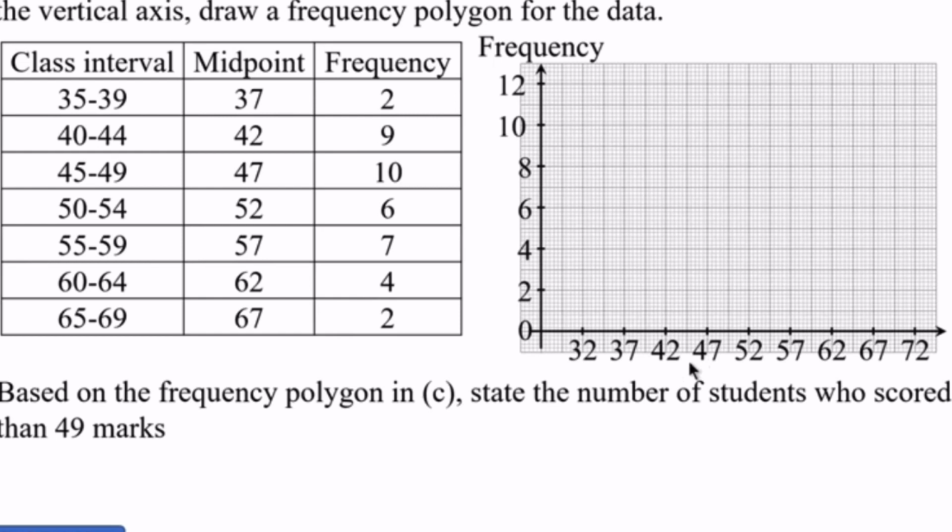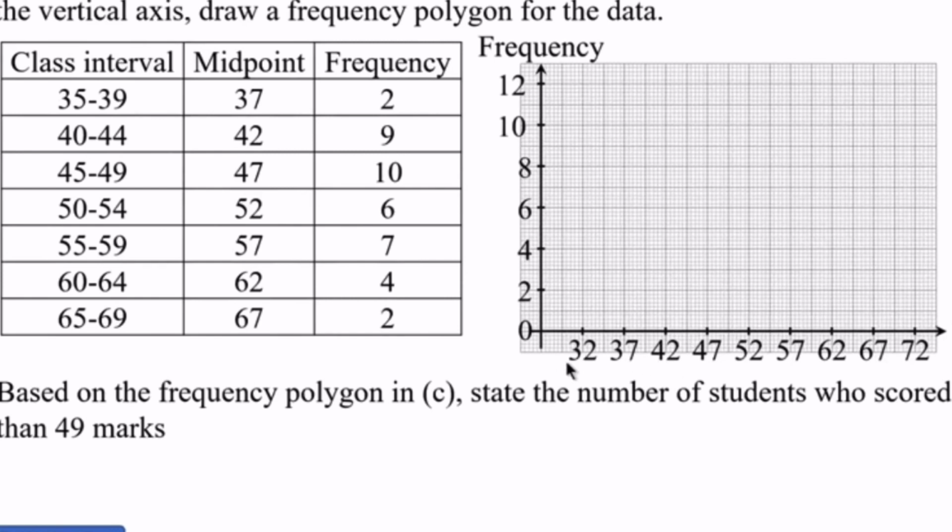If you do it carefully, I'm sure your frequency polygon will be very, very beautiful, right? So I'm giving you time to do it. After you finish, you need to present to me.